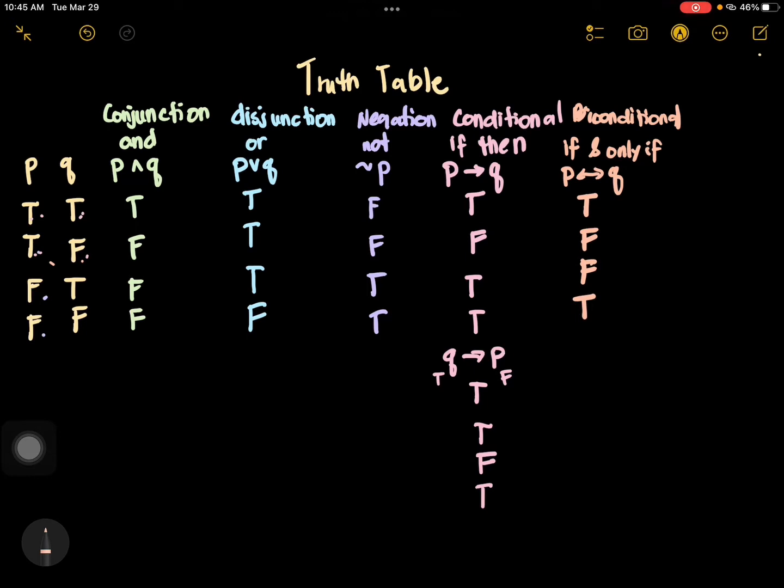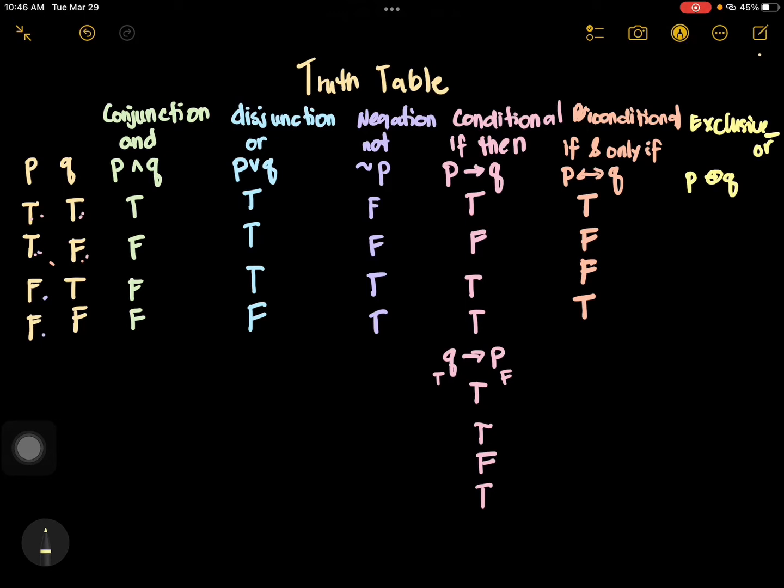So that is biconditional. The last one is the exclusive or. P exclusive or Q. If P and Q are both true or both false, then P exclusive or Q is false.